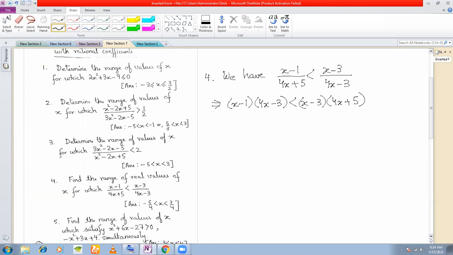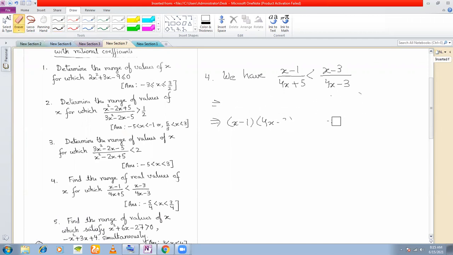Okay. Or rather make the right hand side 0. Or better still, treat it as a fraction only.